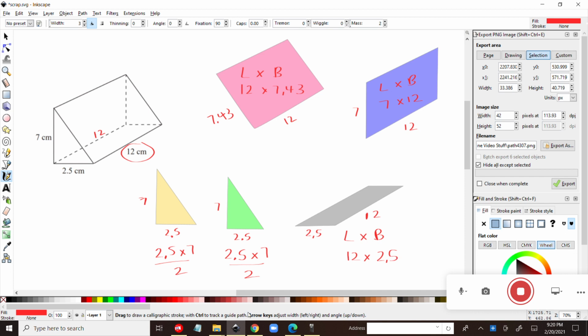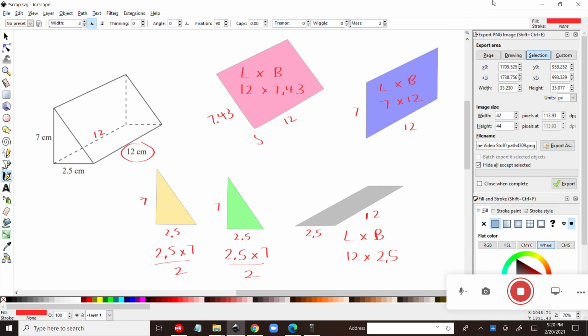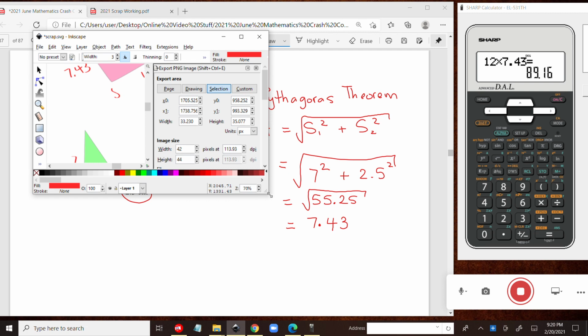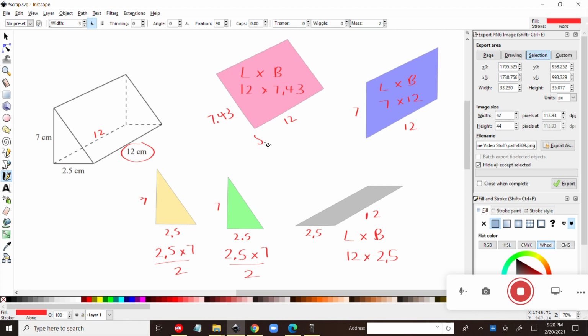All right, so for the pink rectangle, we will take 12 and multiply it by 7.43. I think you all could do this part on the calculator on your own, right? I have my physical calculator in my hand here. Let me do it quickly. 12 multiplied by 7.43, and over here we are getting 89.16.